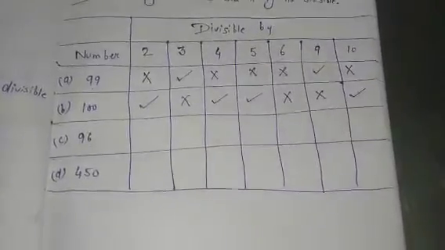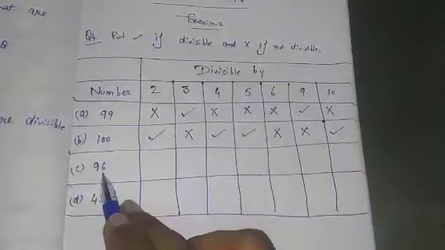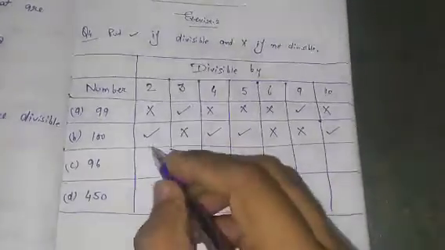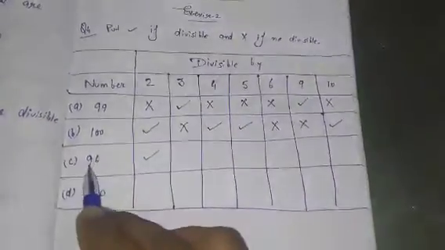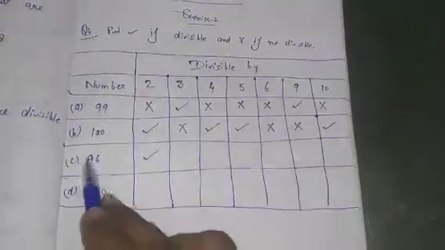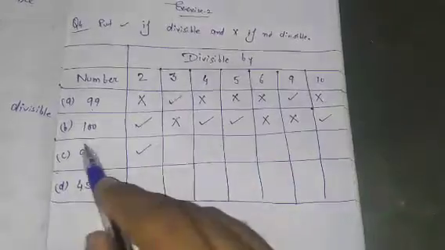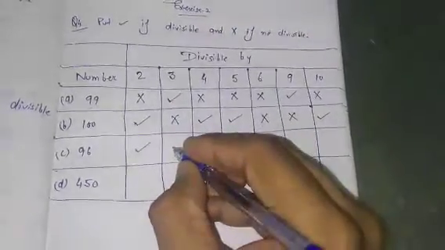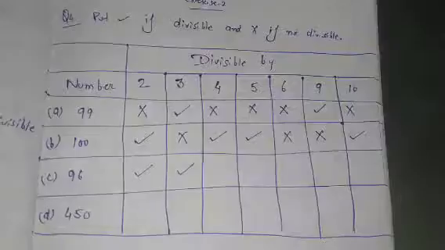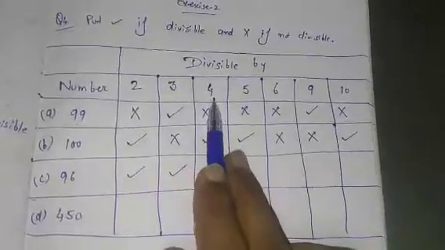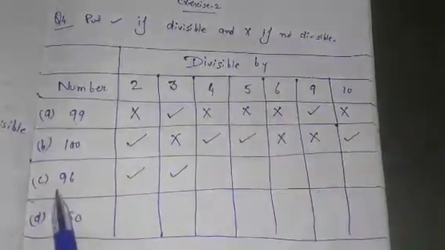Now students, your third number is 96, and you see here 6 has been given in the ones place, so it means it will be divisible by 2. And now you will add it. 9 plus 6 is equal to 15, and 15 is easily divisible by 3, so it means 96 will also be divisible by 3. Clear? Now students, the next is divisibility by 4, and you know about that.